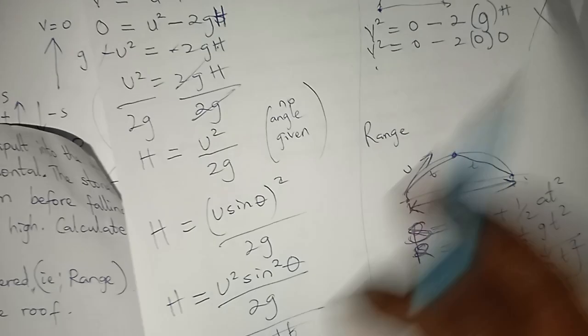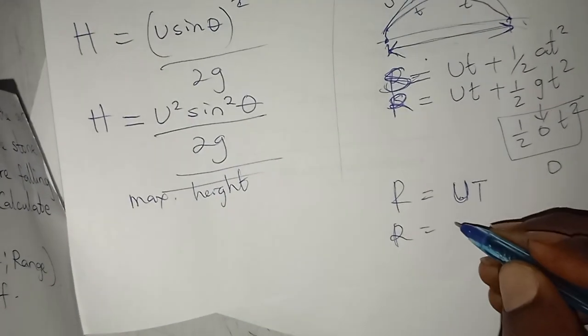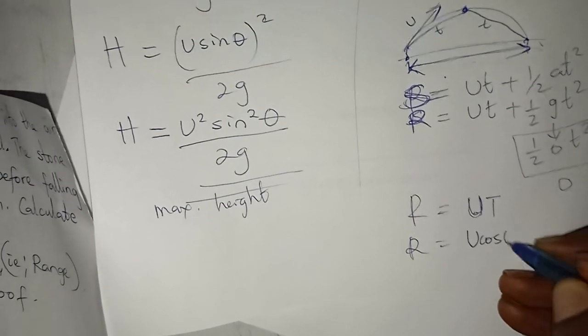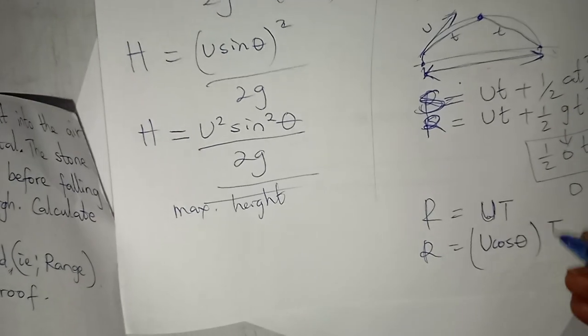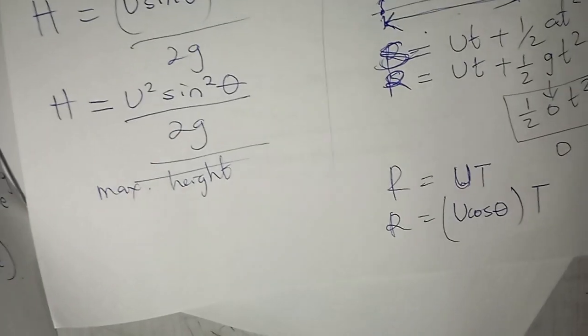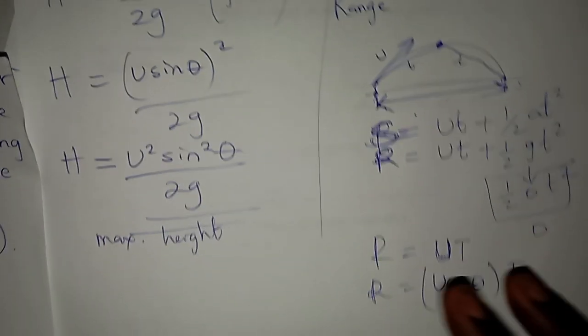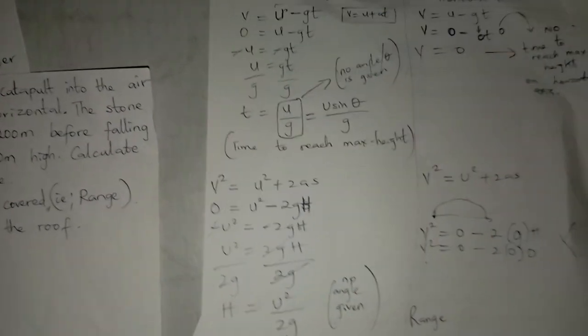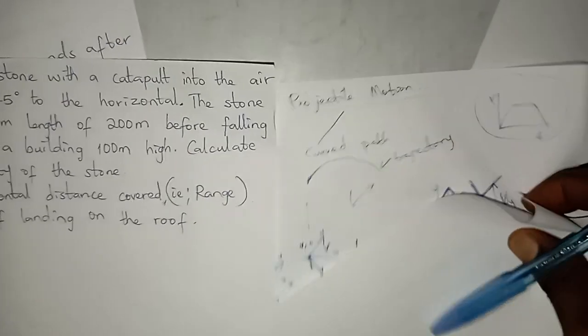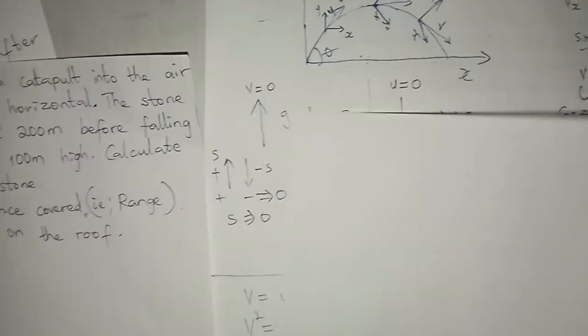Replace it with u, so it will now become u cos theta times t. When we find our t, the total time of flight, we'll get back. So we can clearly see that we are getting somewhere.